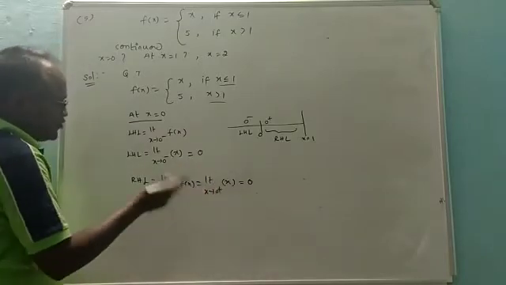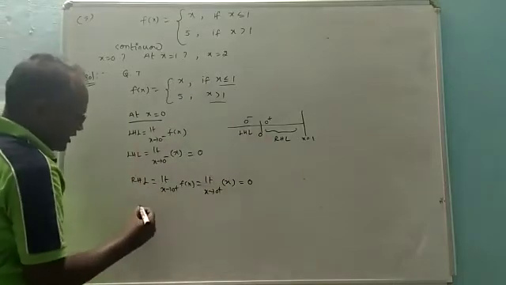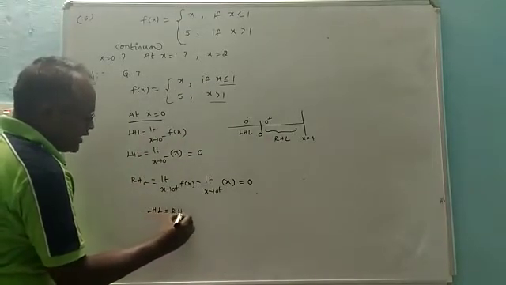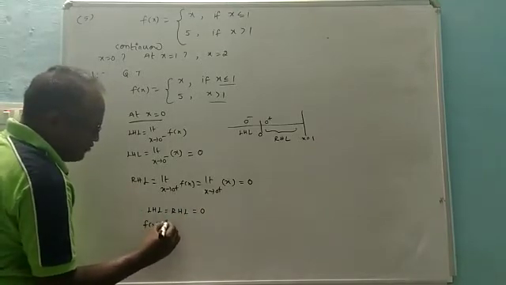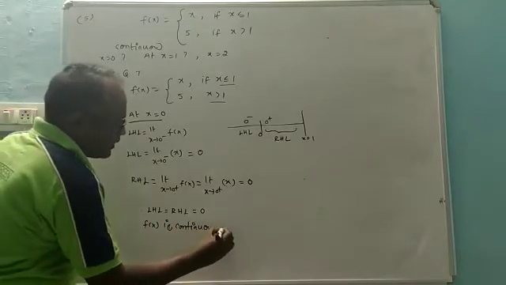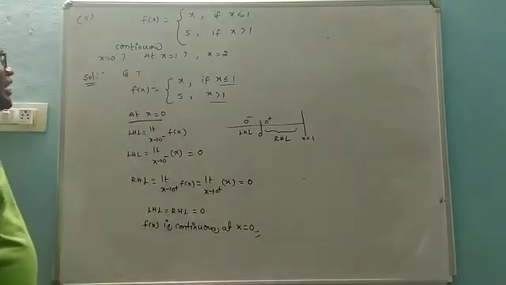What about f of 0? Also 0, since the function is x. Therefore left hand limit is equal to right hand limit is equal to f of 0, which is 0, so f of x is continuous at x equal to 0.